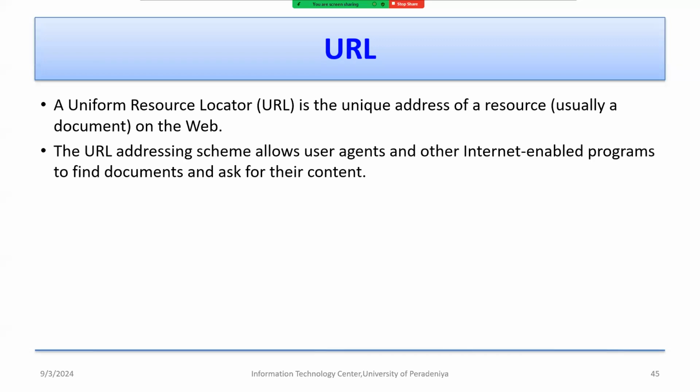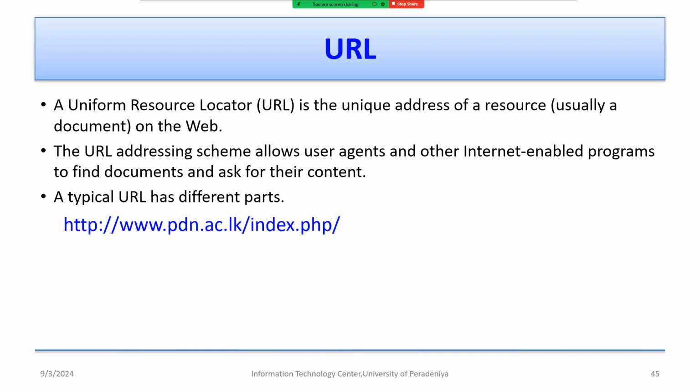So the URL address scheme allows users and internet enabled programs to find a particular specified resource from the web. So this is very important. Actually, the URL has different parts.